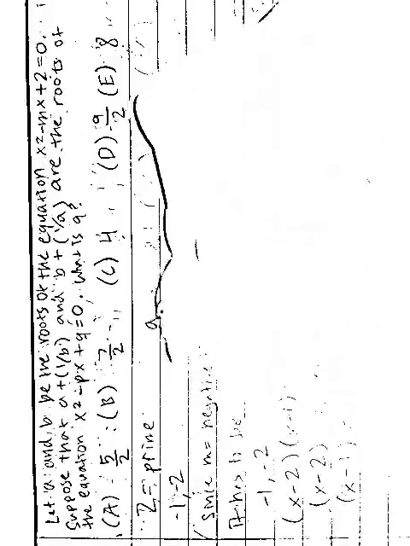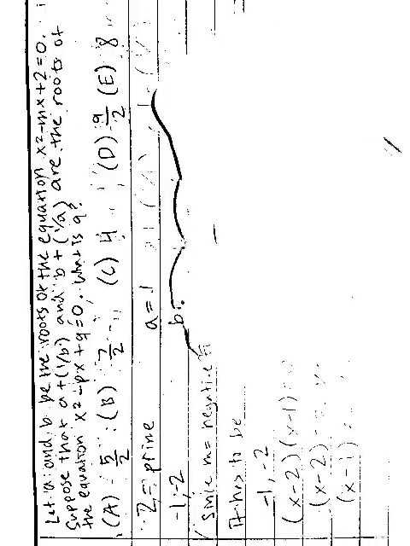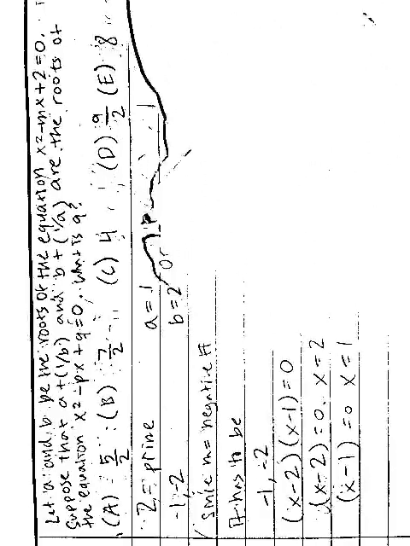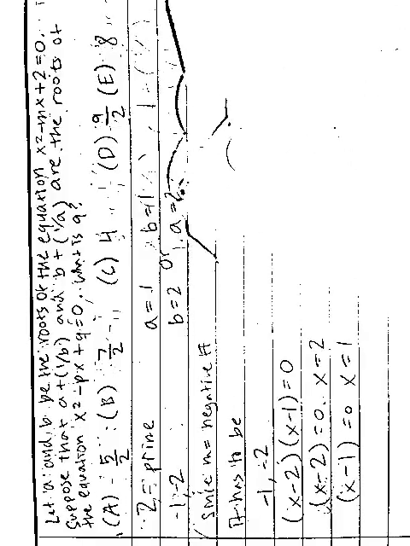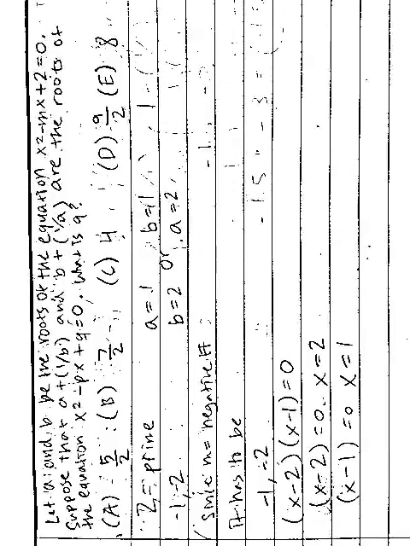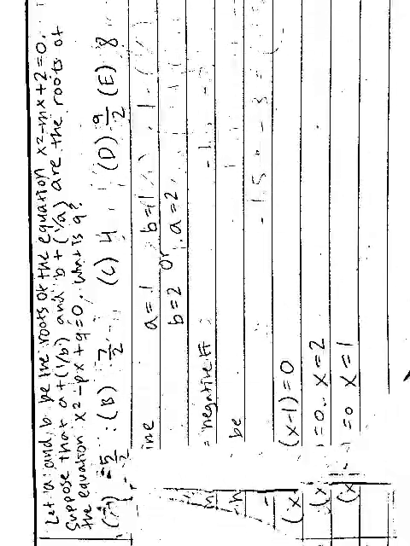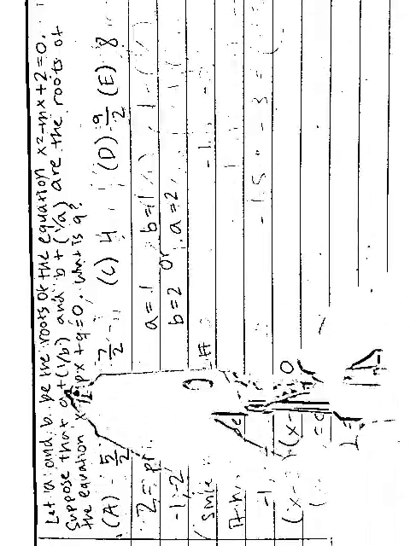So a equals 1 and b equals 2, or b equals 1 and a equals 2. Now that you know that, let's go back to this.